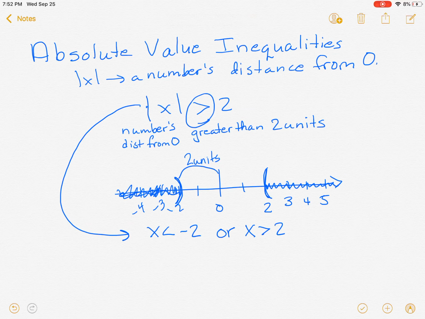So anytime you have a greater than absolute value, you're going to set up 2 inequalities with the word or. The first one is set up just like you have the absolute value with no absolute value symbols. The second one is set up with the opposite inequality sign and a negative on the number.